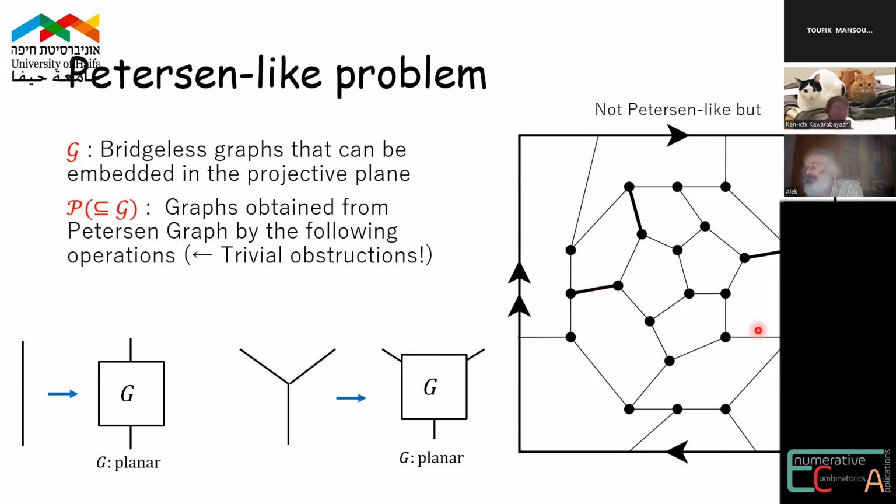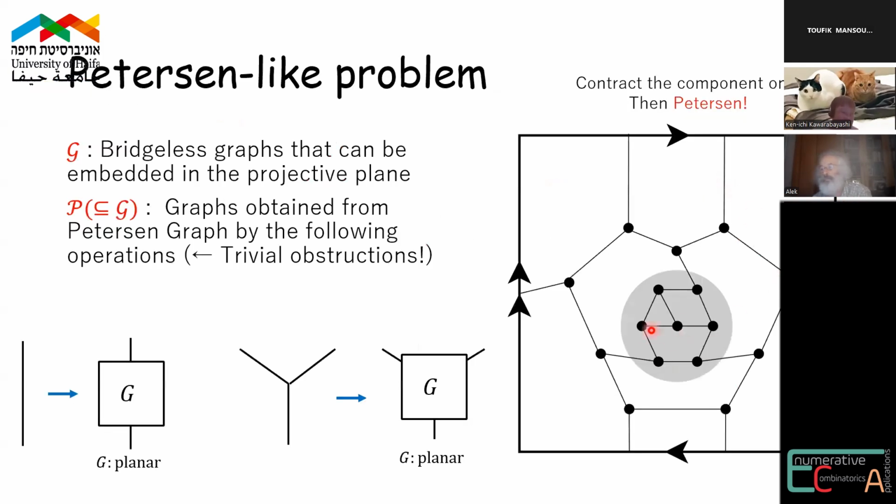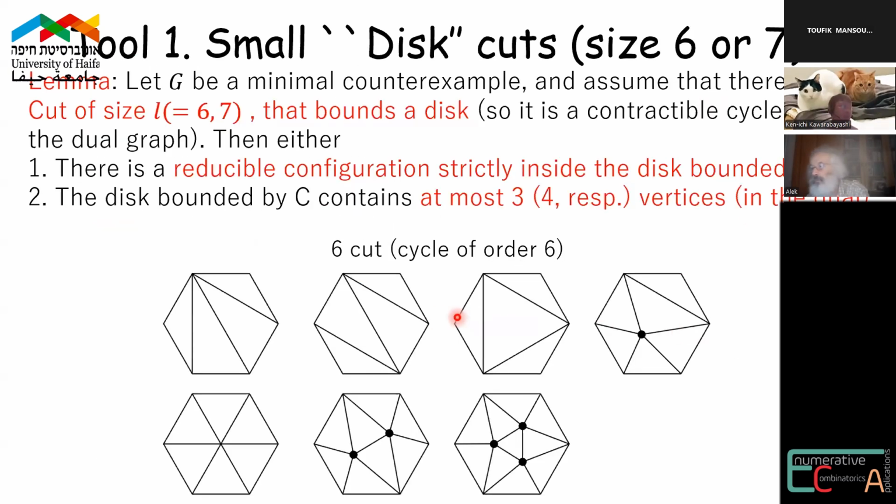Therefore, if you have a small edge cut, a contractible edge cut like this, that gives something for us. That's exactly the motivation for what we do. So suppose such a cut of size 6 or 7 happens, bounding a disk. Then there is actually a reducible configuration strictly inside the disk, meaning that the disk bounded by the cut is very small.